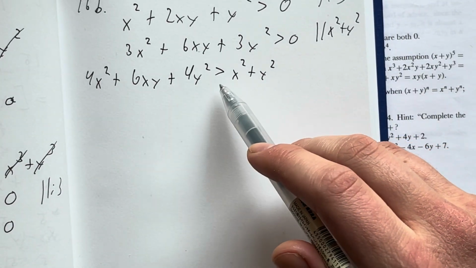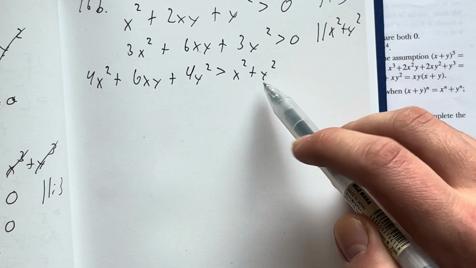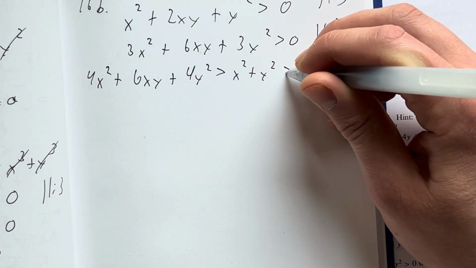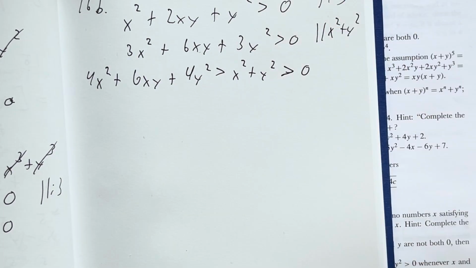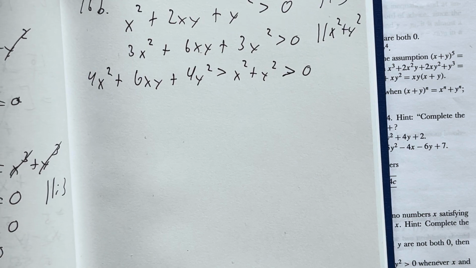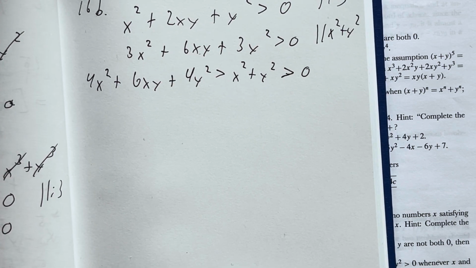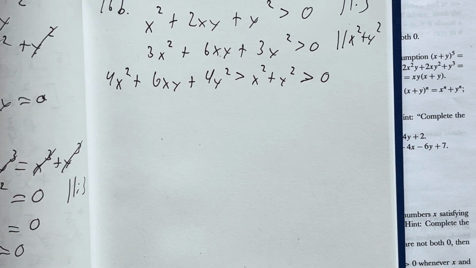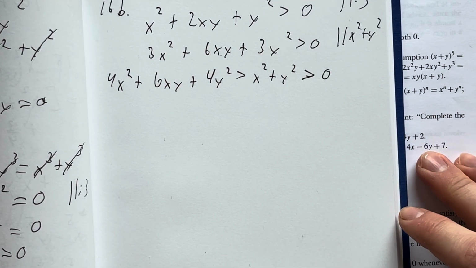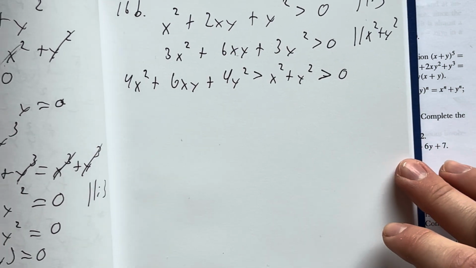And because this is greater than x^2 + y^2, which is obviously greater than 0, we have proved what we had to prove.